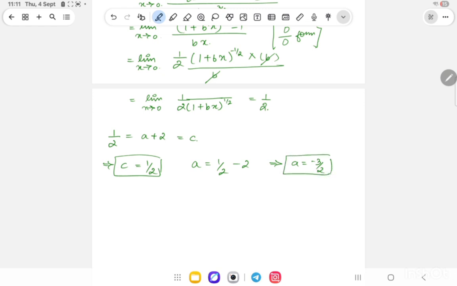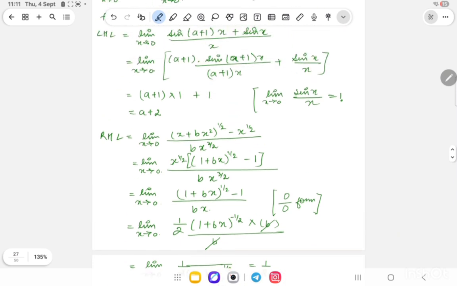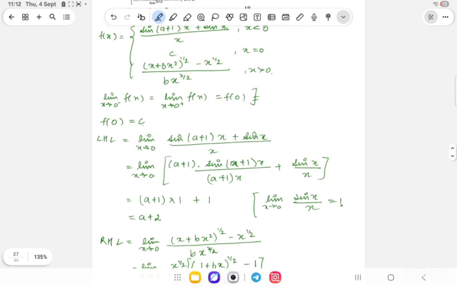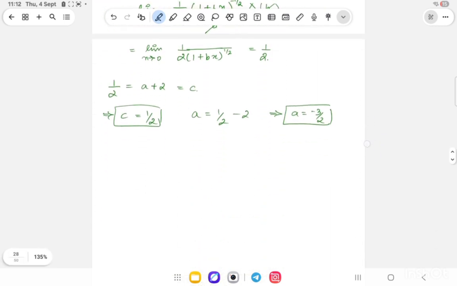Since I got no condition involving b, b doesn't play any role. It doesn't affect the limit or the continuity of the function f(x) in any way. So I can choose any arbitrary value of b. So b belongs to R, that is, any arbitrary real b would work.